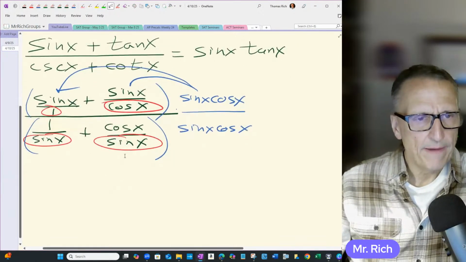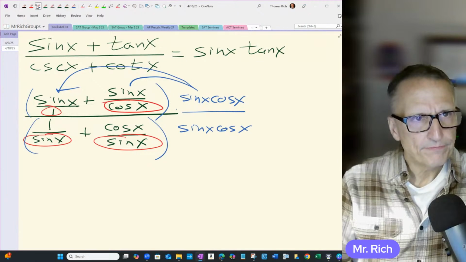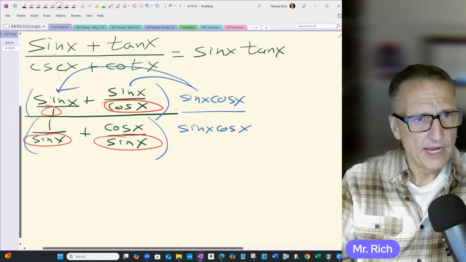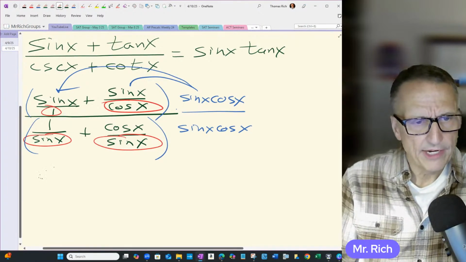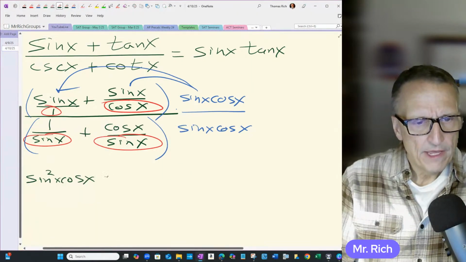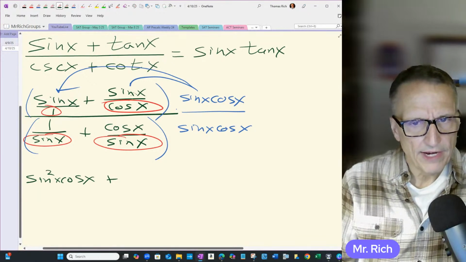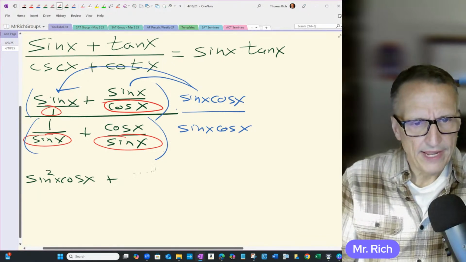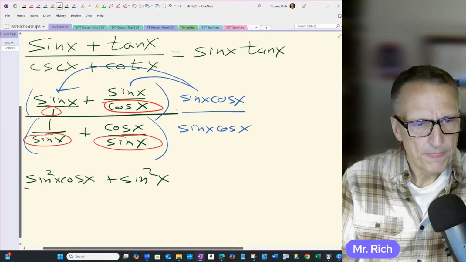And when I do that, and I multiply the sine x right here times the sine x cosine x, that will give me sine squared x cosine x. And then when I distribute it to this fraction, the cosines will divide out, and I'm left with sine squared x.